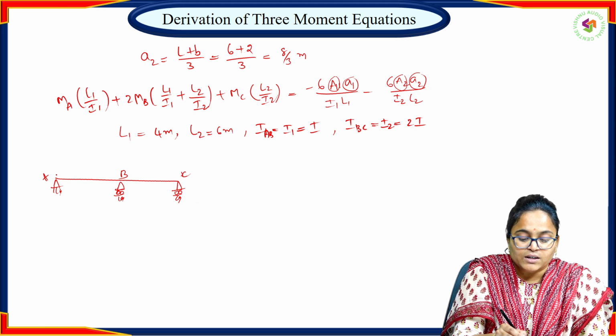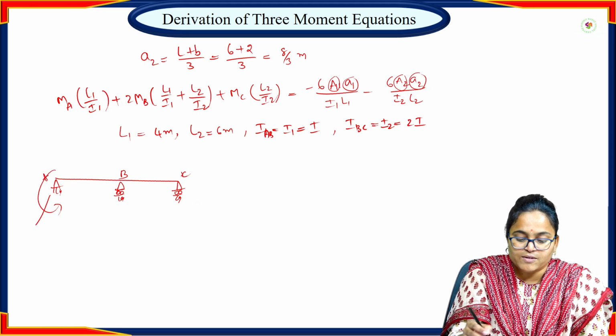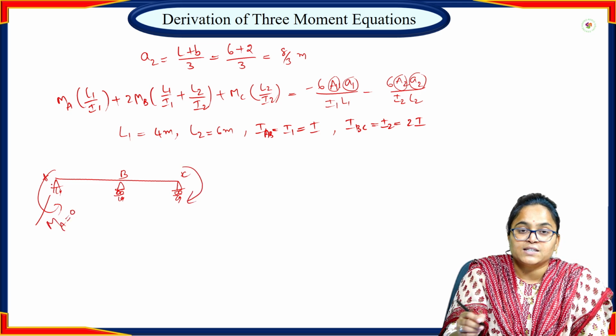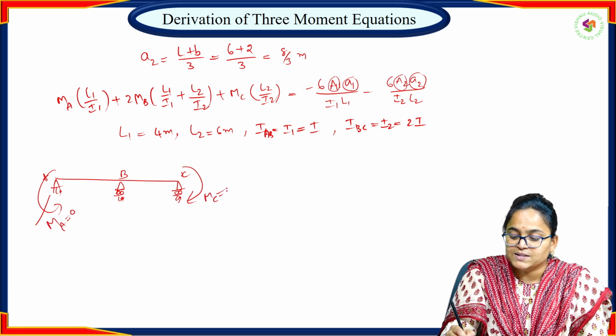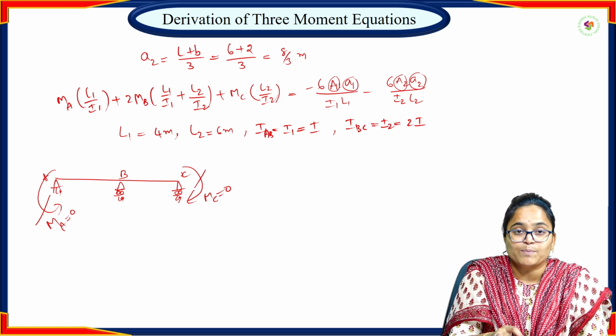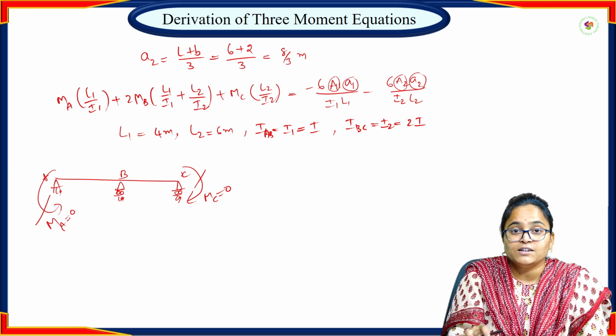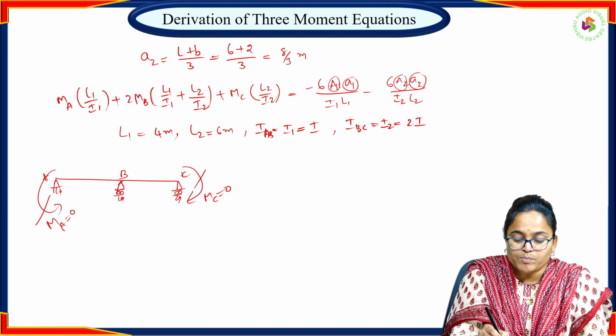So MA will be 0 at support A, and MC will be 0 at support C, because support A is a hinge support and support C is a roller support. So these two will not take moments. So in these two cases, the final moment will be 0. But support B is an indeterminate support.